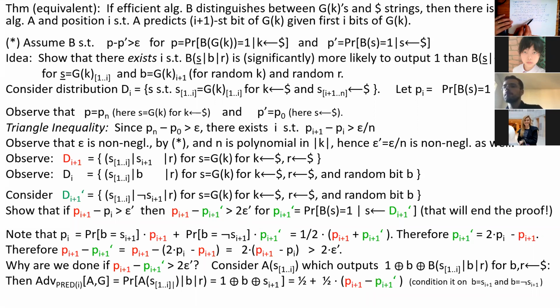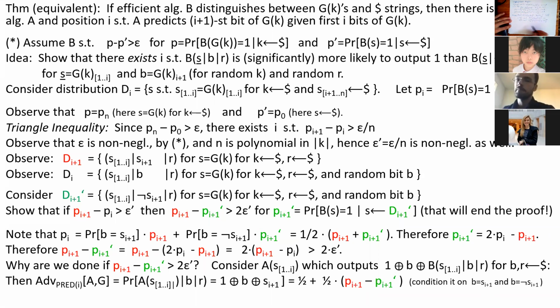You want there to be a difference between B outputting 1 on a correct bit and B outputting 0 on an incorrect one. I mean, you want both. You're basically using both. You want both of them to average to more than a half, and they do under this assumption.